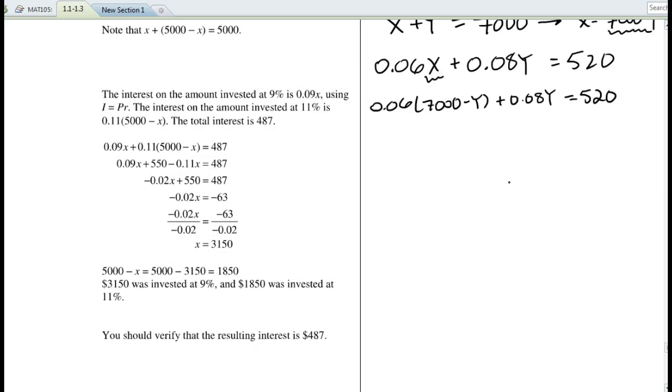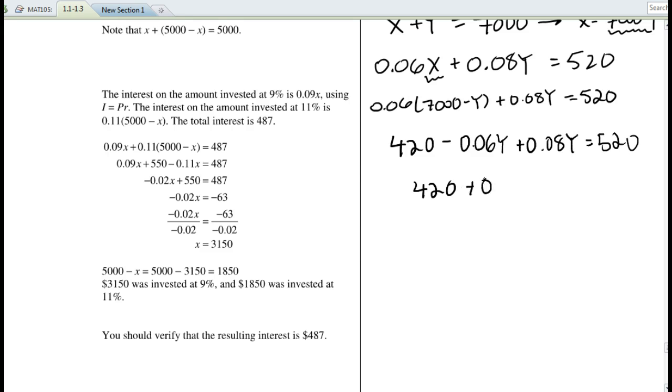All right. So 0.06 times 7,000 should be 420 minus 0.06y plus 0.08y. That equals 520. So 420 plus 0.02y equals 520.